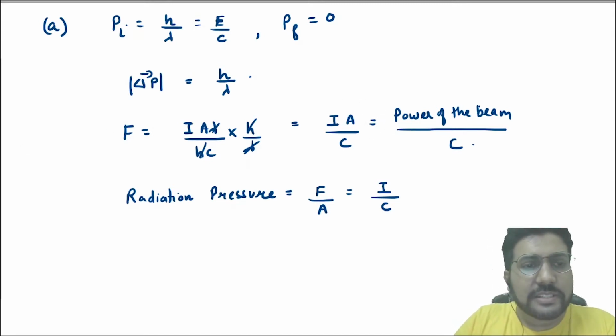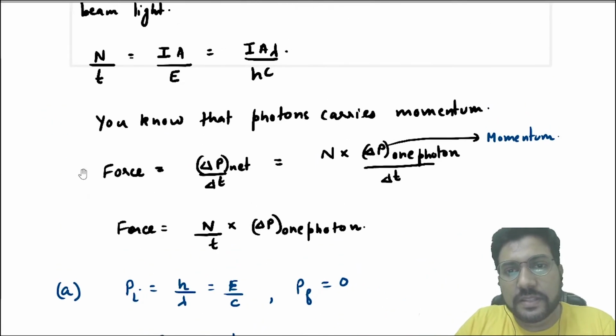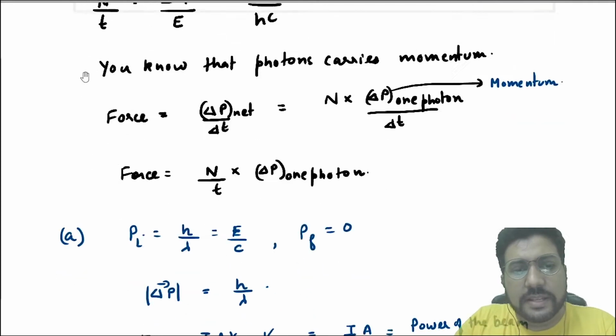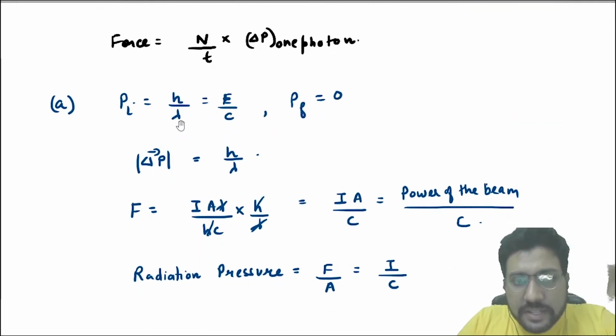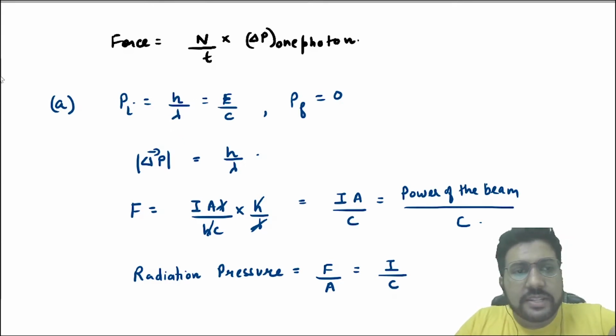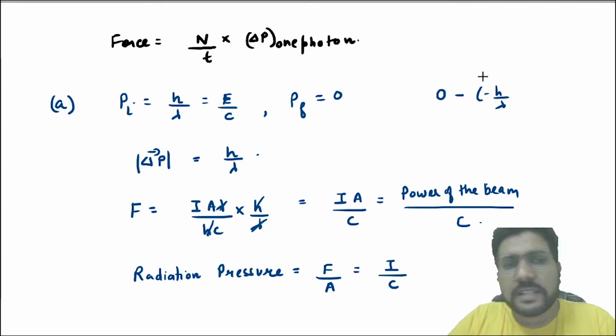Okay, now let us look at the direction of the change in momentum of the photon. Clearly, if you do final minus initial, final is 0, initial is downwards, so the final minus initial is upwards. Initial momentum is minus h by lambda, minus minus becomes plus, that means upwards.